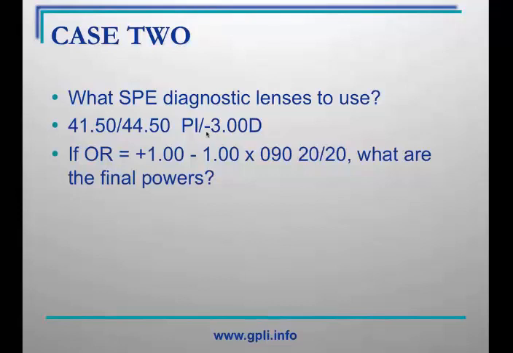Well, it's going to be plano. It's going to be +1 adding with -1. You're going to have plano in the 180 meridian added to plano ends up being plano. In the 90, you're going to have -3, and then of course your overrefraction is +1 in the 90, so you add those two together and you have -2. You simply add the overrefraction in a meridian to the diagnostic lens power in that same meridian.